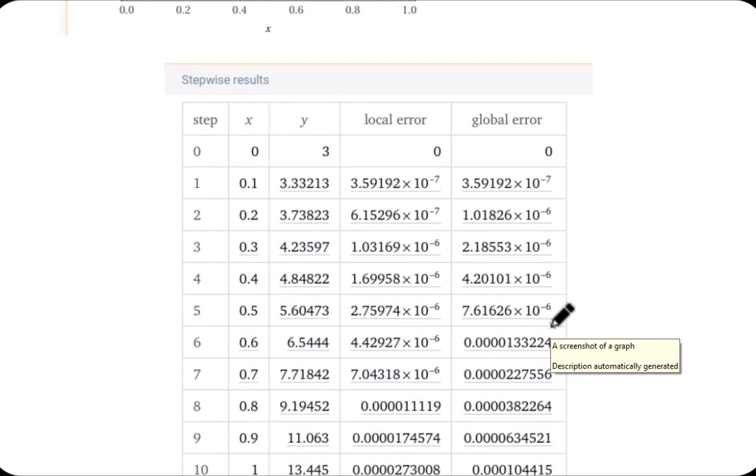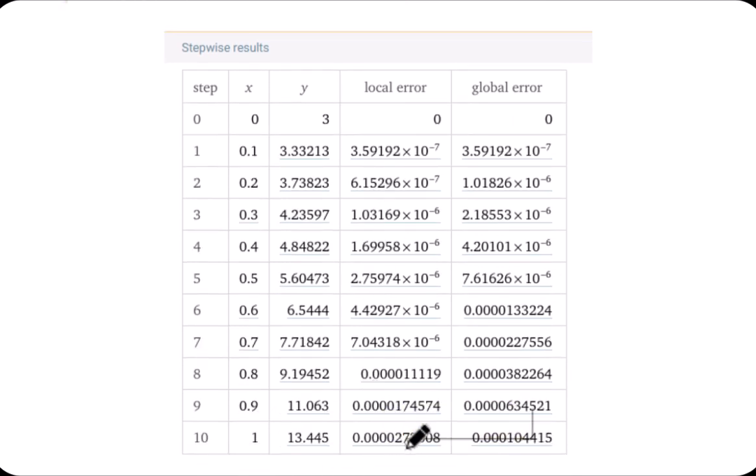You can see the error is really tiny. If you remember on the improved Euler, we had, I think, 0.001. Now we're at 0.0002. So it's a much more accurate technique as we get farther from our initial condition at 0, y was 3.